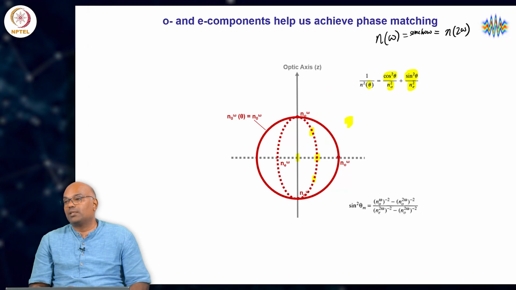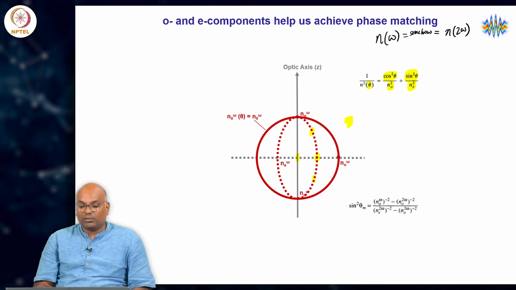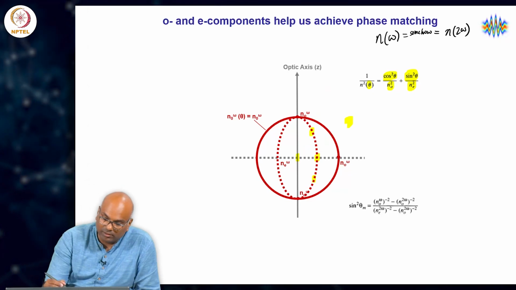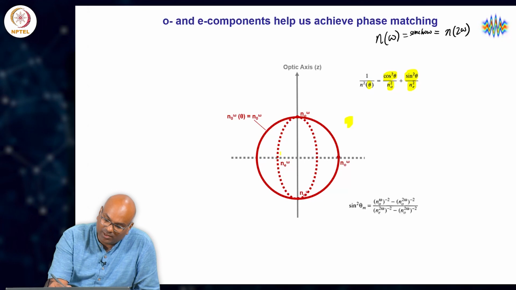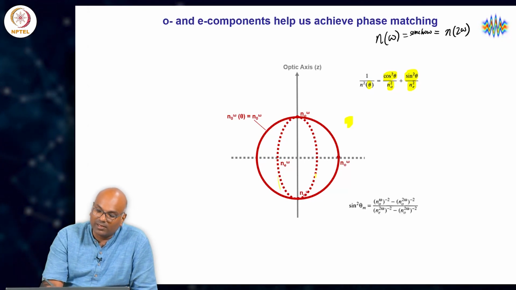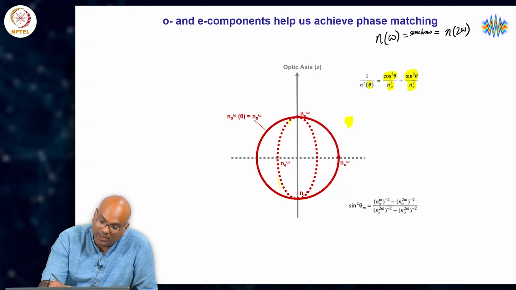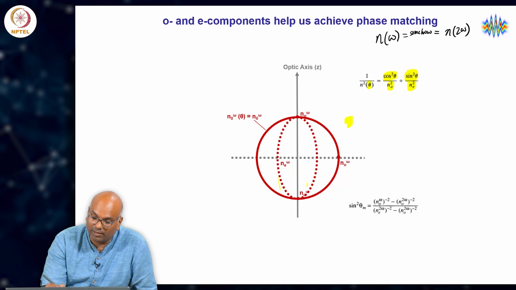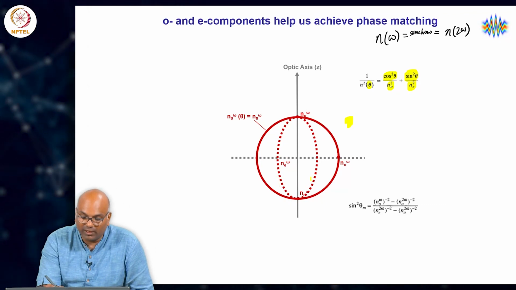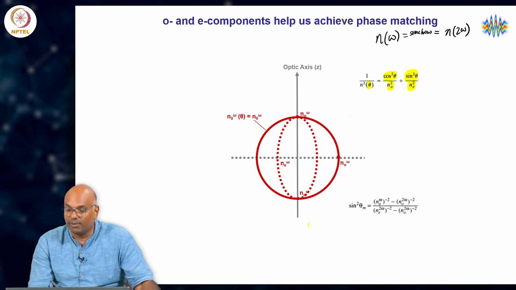So, both these were plotted for, or rather I should not call this the extraordinary refractive index. The dotted ellipse is essentially the refractive index as seen by the beam in the real anisotropic uniaxial medium. So, this is the refractive index curve for the beam in this medium.